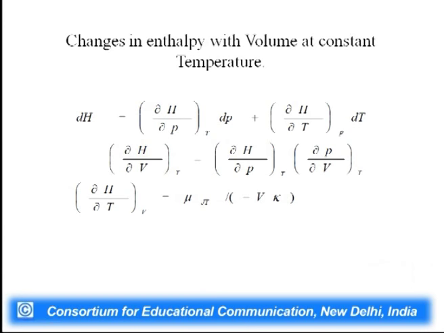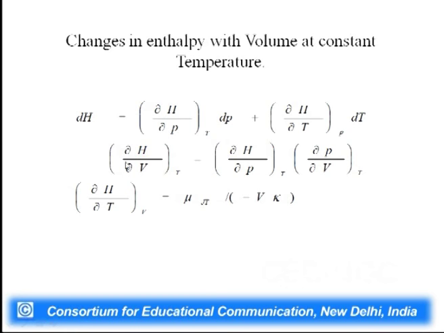It is quite simple why we want to write that, because in that case dH can be written in terms of (∂H/∂P) at constant T, which is nothing but the isothermal Joule-Thomson coefficient, while (∂H/∂T) at constant P is your Cp. So, now you can express dH as the isothermal Joule-Thomson coefficient multiplied by dP plus Cp multiplied by dT.